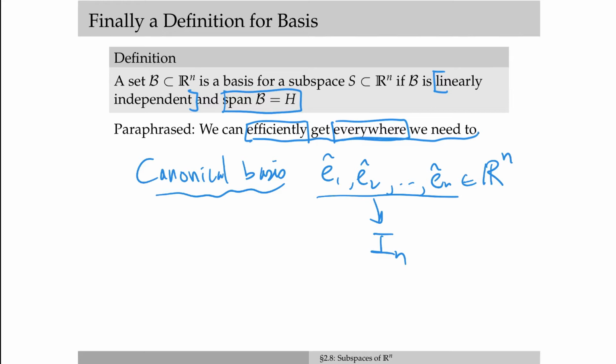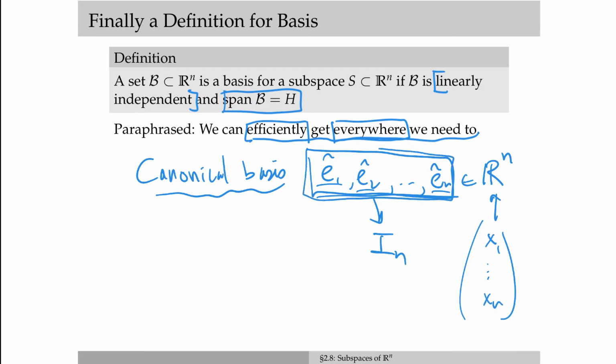In the whole spanning business, every vector in Rn is a linear combination of these: x1 down to xn is the vector, and x1 through xn are the weights on the e's here, so I span. And so that's why this basis is so nice. It's a very clear choice of a basis.